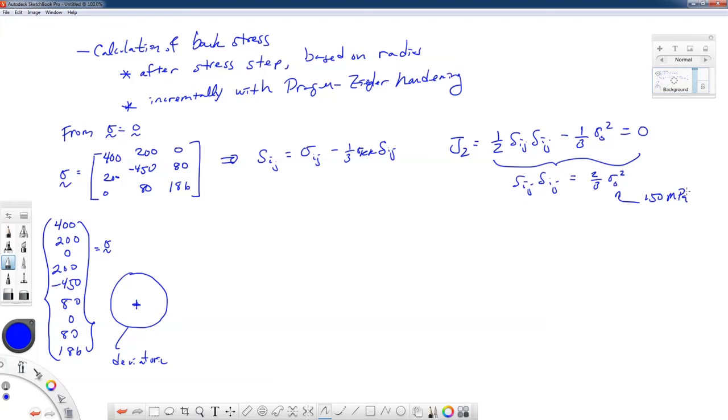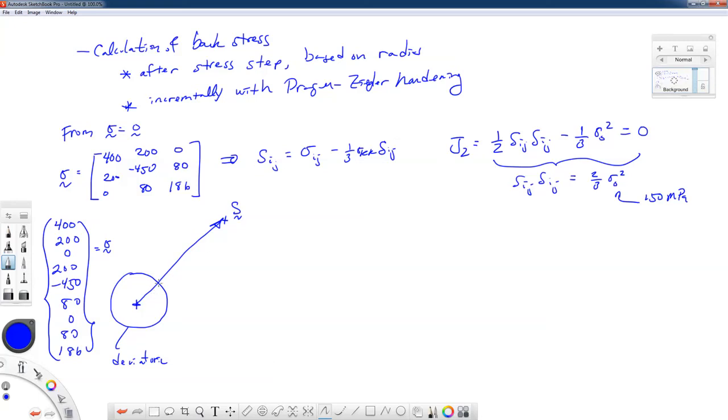Alright, so we were at 0 stress and strain. We had this big excursion in deviatoric stress space, and we landed maybe out here somewhere. And that corresponds to the stress that we get from this deviatoric stress right here.